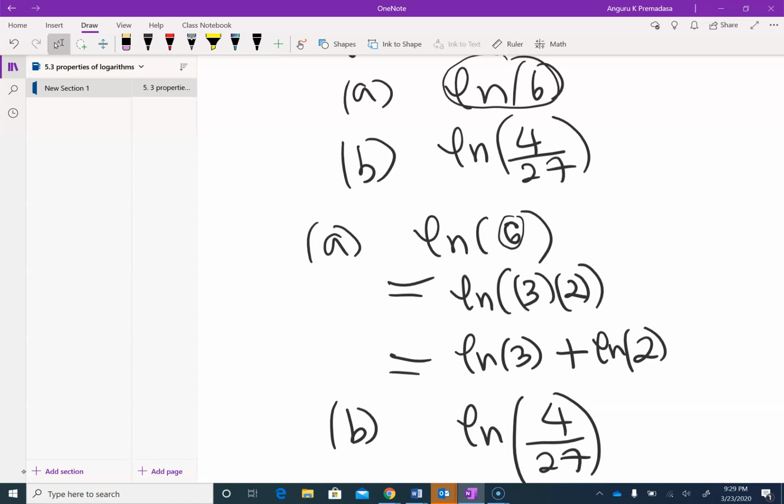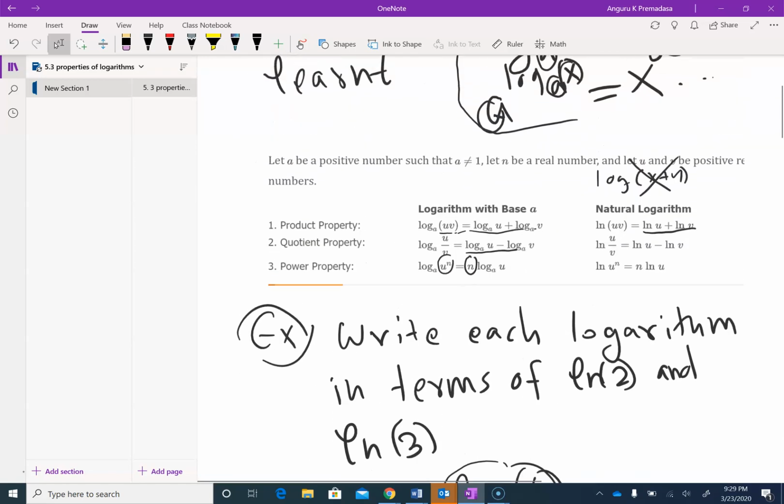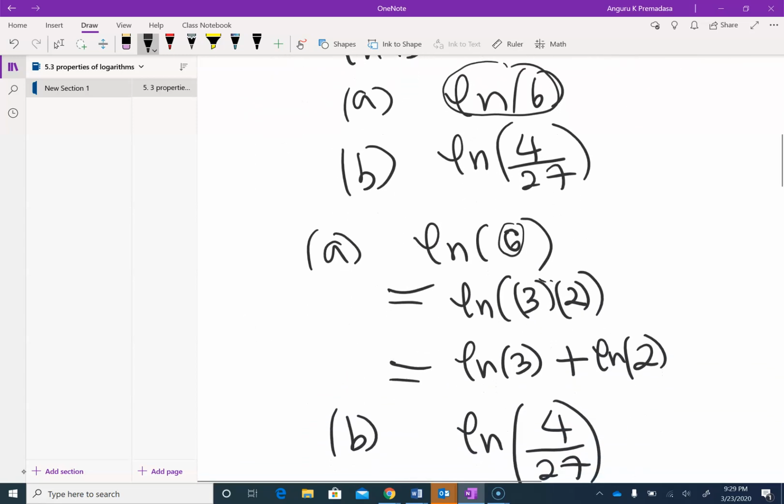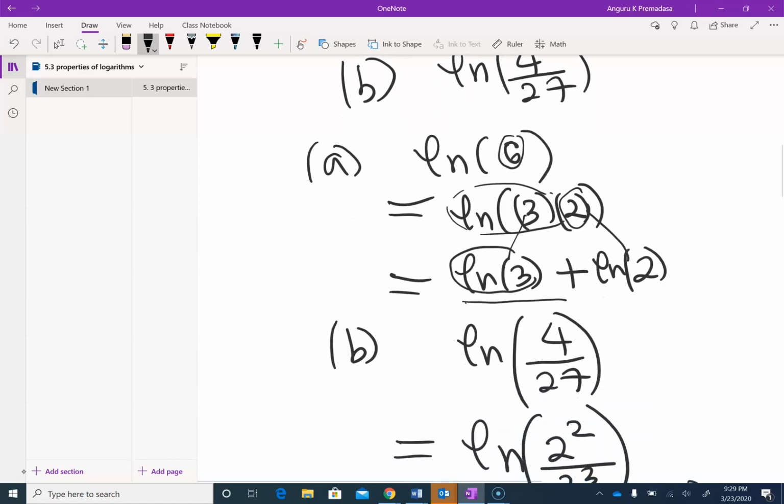So we have natural log of 3 times 2, a natural log of a product. But we know that the log of a product is the sum of logs from the first rule. So this is the sum of natural log of 3 and natural log of 2. So we have broken it up into natural log of 3 plus natural log of 2, and we are done.